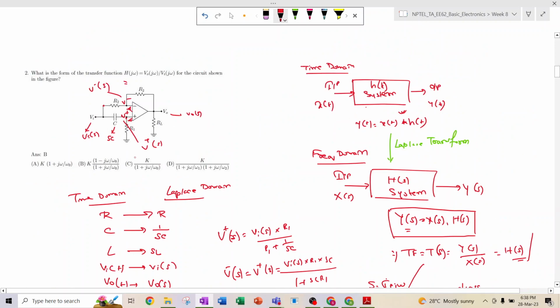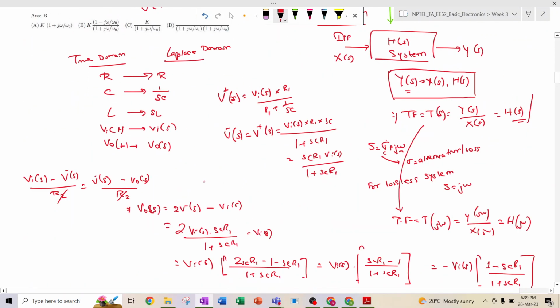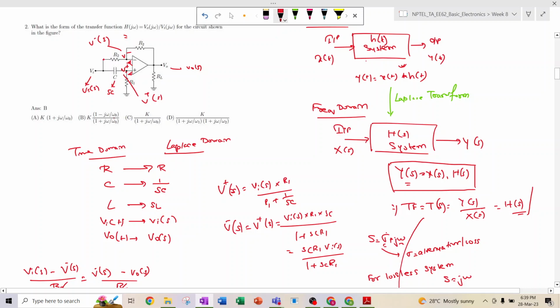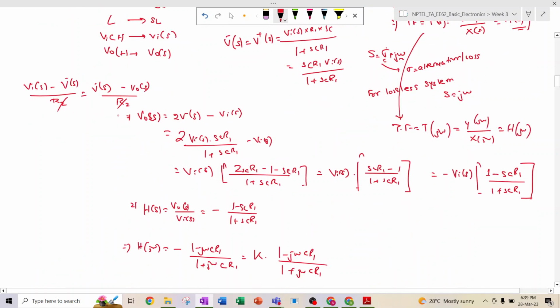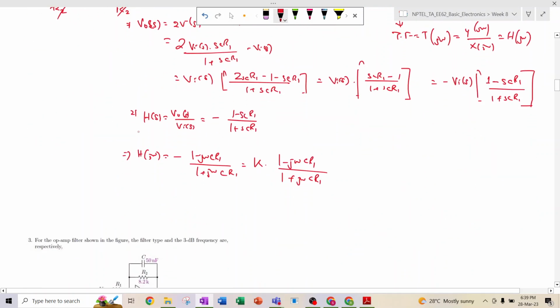Here it is considering omega 0, and I will discuss omega 0 later also. Omega 0 refers to 1 divided by R1C.